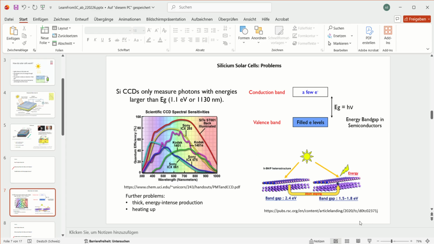Here it's shown that you can have different band gaps in semiconductors, or in these sandwiched semiconductors, and the band gap corresponds to a wavelength range, as we'll see later again.